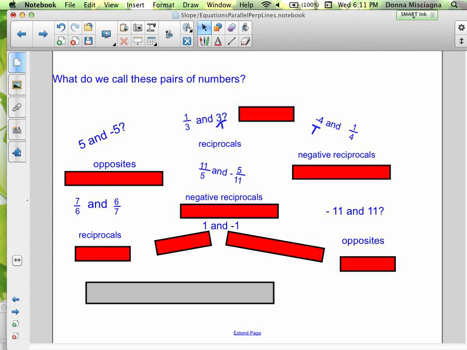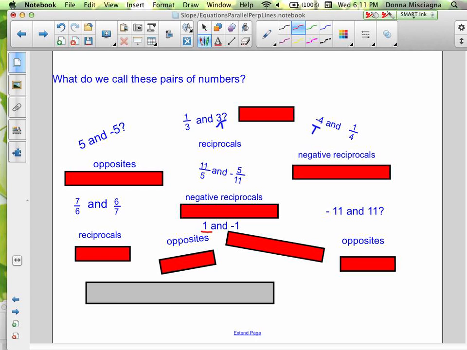How about 1 and -1? Well, you might say those are opposites. And you'd be right. But I could also write it 1 over 1 and -1 over 1. Well, now if I flip a 1 and a 1, I get a 1 and a 1.